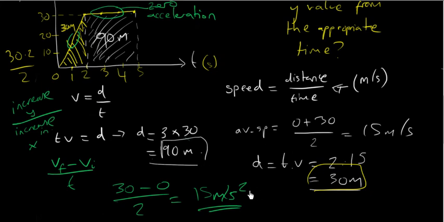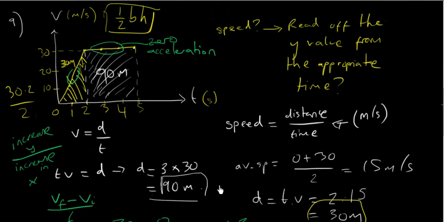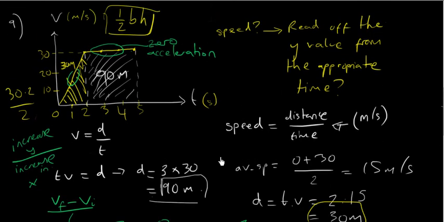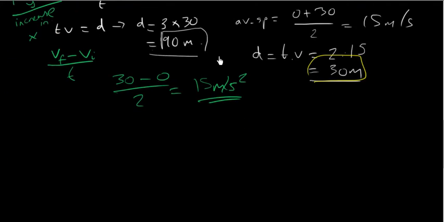So just a quick recap, in order to find the speed, we just read it off from the graph. Here we read off the y value for the appropriate time that they ask us for. In order to find the distance, we find the area, and in order to find the acceleration, we look at the gradient.